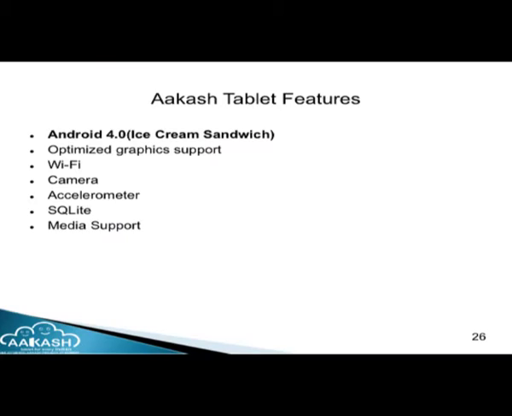Whatever you think of, it is there. Everything is supported; it's just up to you how to use it. So these are Android features, and this is our Akash tablet features: ICS, optimized graphics support, Wi-Fi, which you must have already connected during the clicker quiz, camera, accelerometer, SQLite, media support, and lots more.